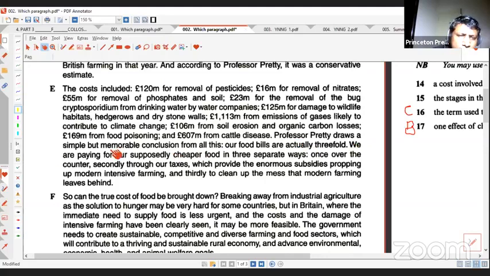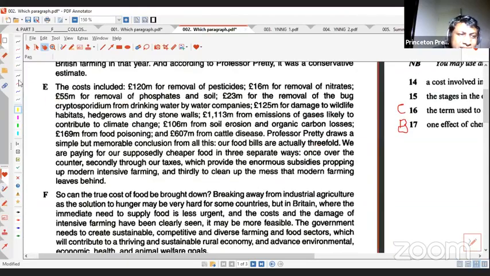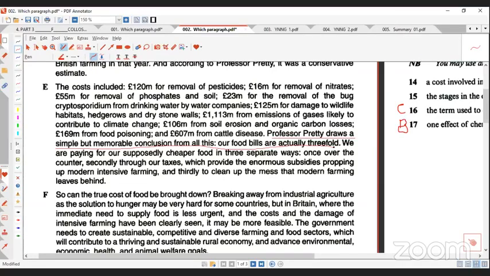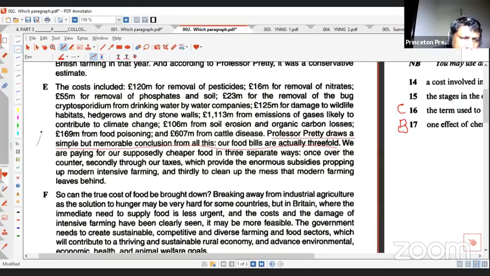Professor Pirie draws a simple but memorable conclusion from all this. Our food bills are actually threefold. Remember, three payments. I think this is for the summary, so we can even put another mark here.